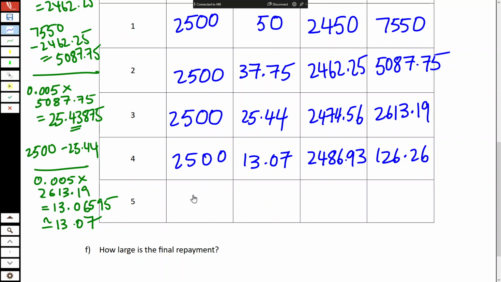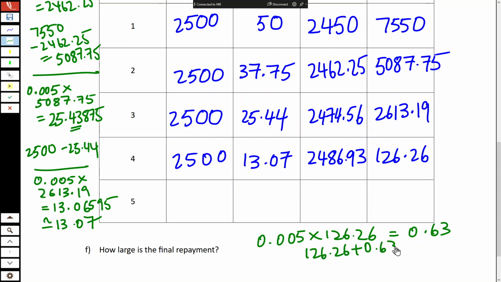Okay, so how much interest is the bank going to charge us? 0.005 times 126.26. 0.63. Alright, so then the other two columns, 126.89. Thank you.